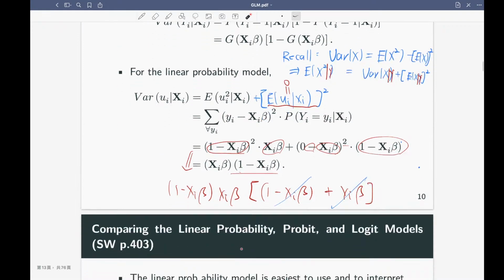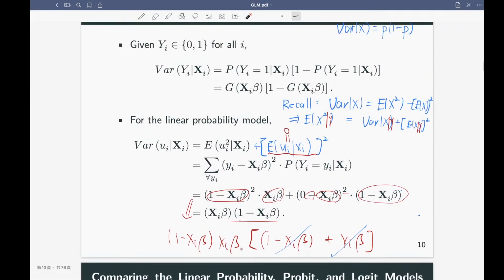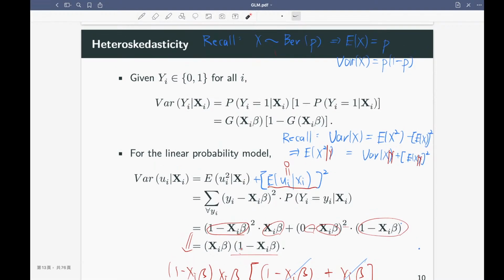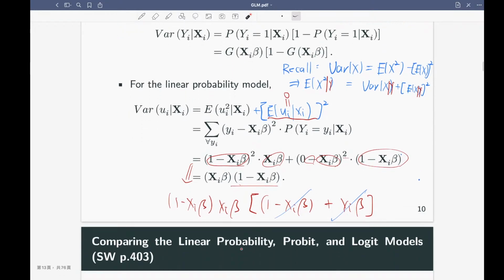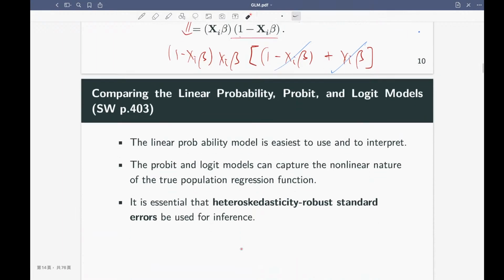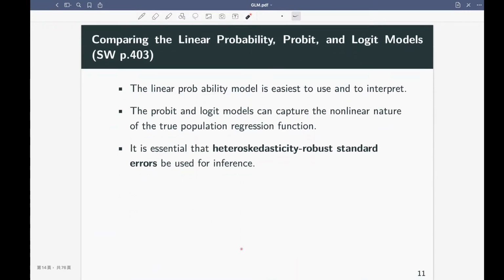Okay, so in the regression with the binary dependent variable, you should always use the robust standard error, not the homoscedasticity standard error. Okay, so we compare these three models.